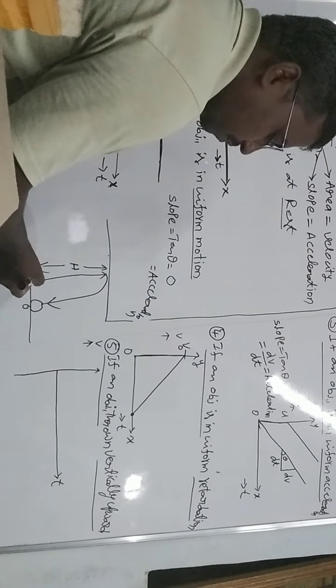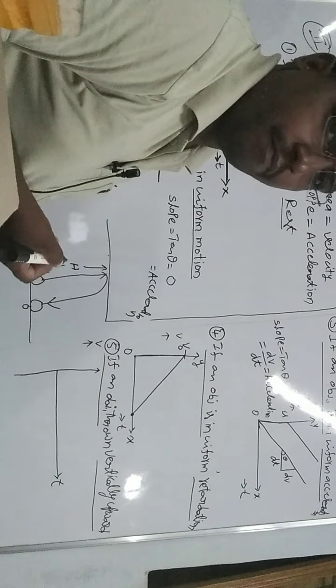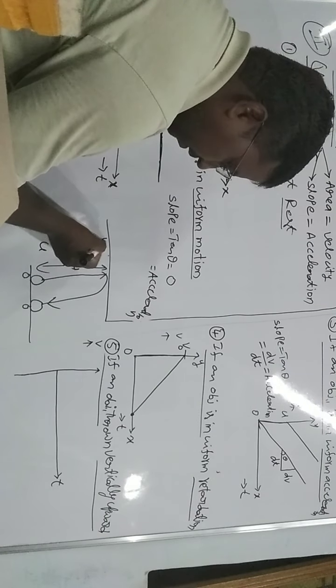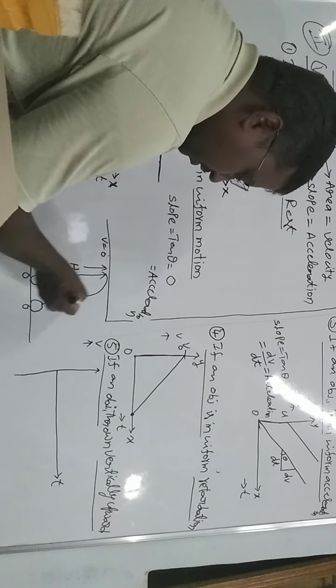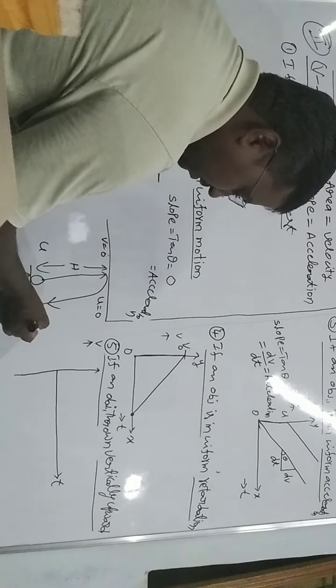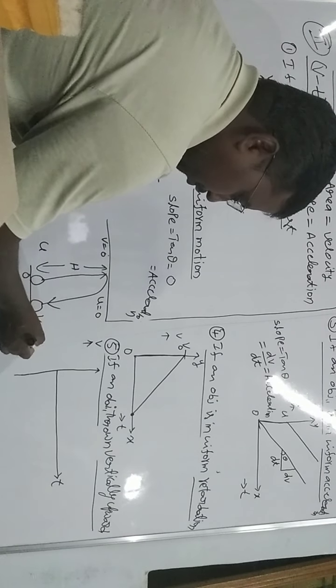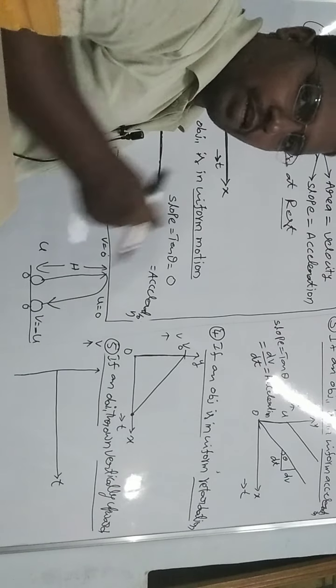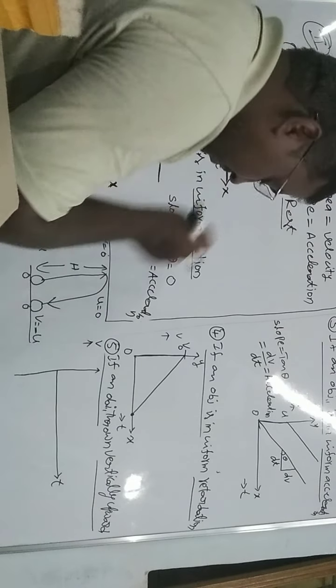Initially the object is projected vertically upward, so the initial velocity is u and its final velocity v becomes 0. Then it becomes a freely falling body, with u equal to 0, and the final velocity v equals minus u. So that's how we represent the graph.